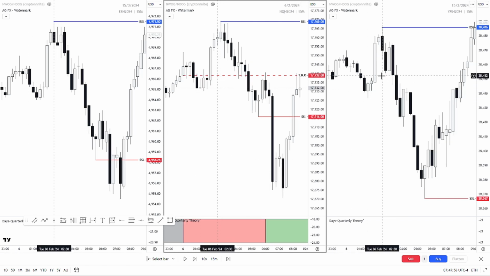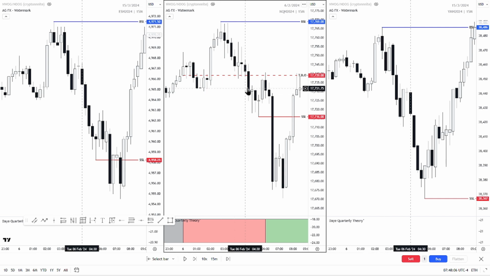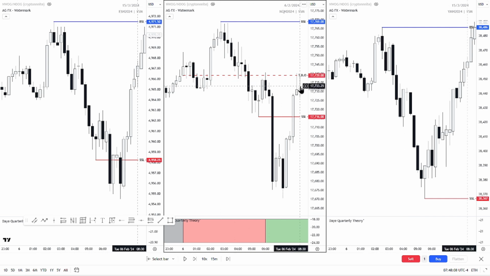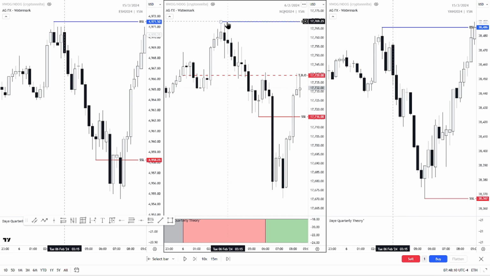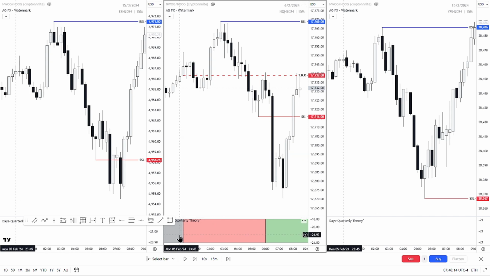As you can see over here in the Dow Jones and the S&P 500, they have reached very close to the high of the previous session, while Nasdaq is so far away. So we will expect Nasdaq to be the one to fail to get to that high.